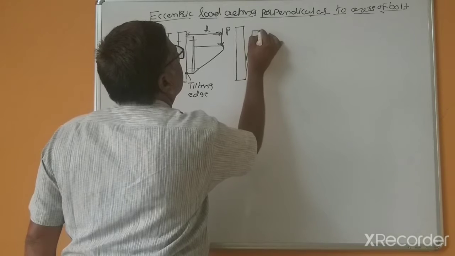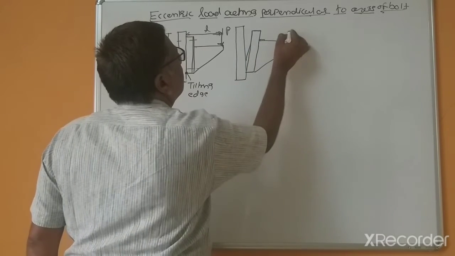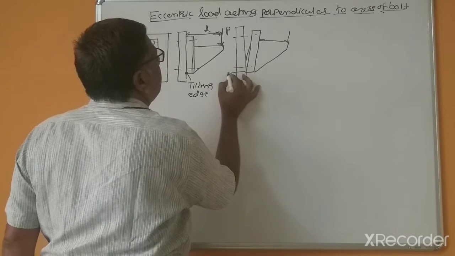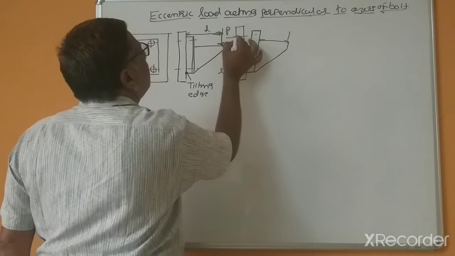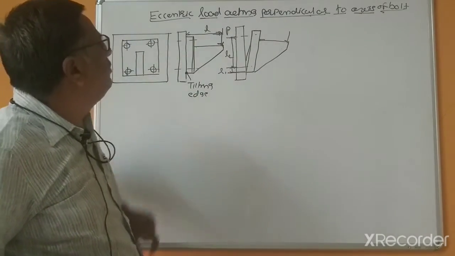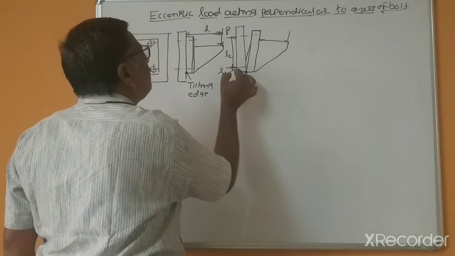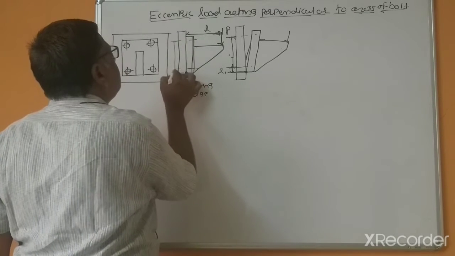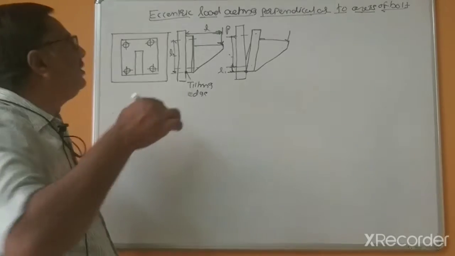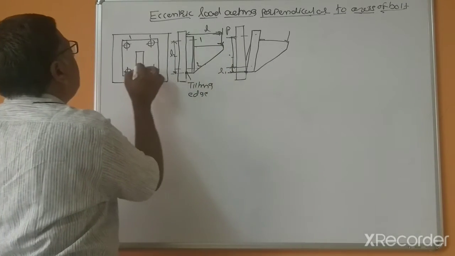Likewise, because of the stretching, this distance is L1, and suppose this distance, measured from the tilting edge, is L2. So because of such loads, suppose this is bolt 1, and because both are in the same positions, we can write this is 1, 2, and this is 2 and 2.